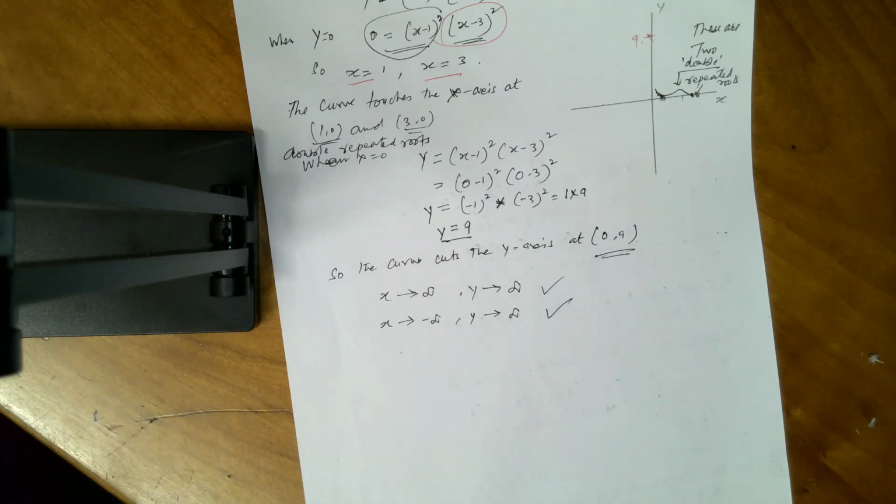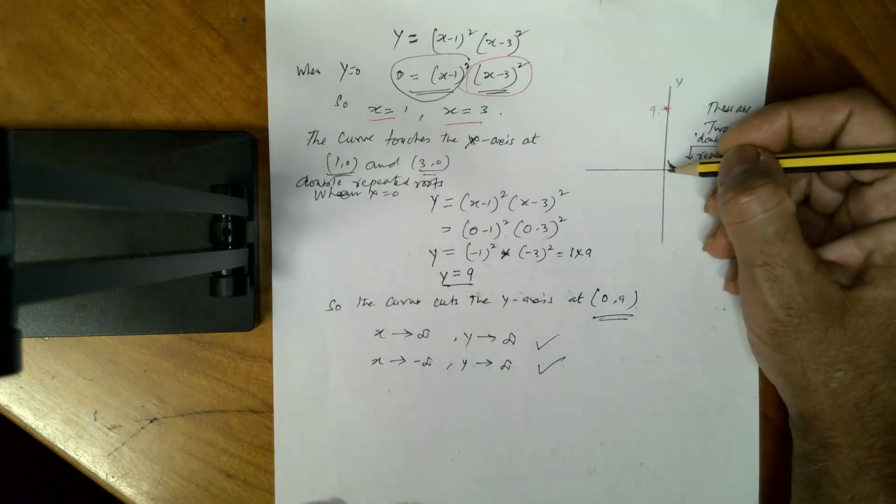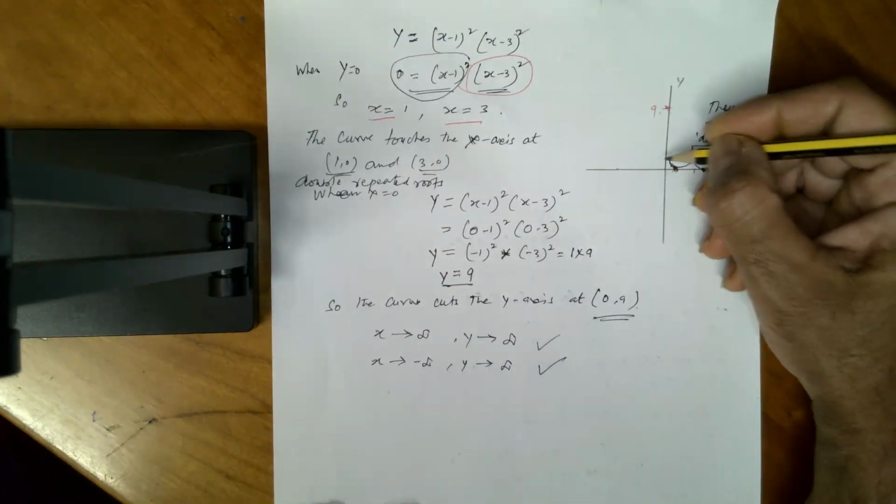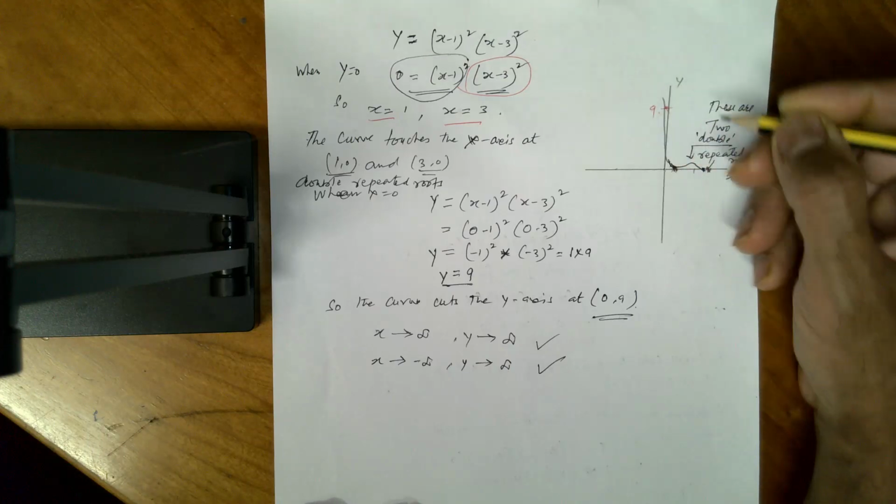Okay, and also, I would like to say, with this function, the coefficient of x to the power 4 in the expanded function will be positive. Okay. Now, because that will be positive, you will have your graph. So in here, we can cut like this.